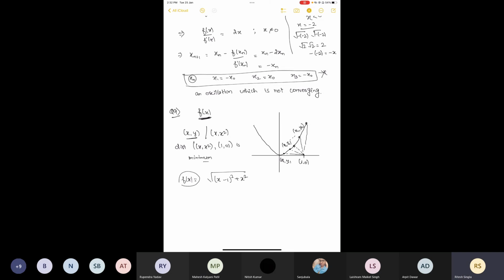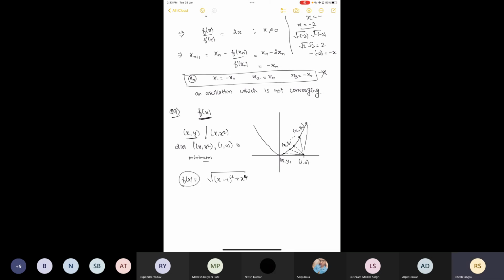But can you guarantee that this function will help me? Reread the question again. This is fine, this is the distance between the point x comma x square and 1 comma 0, right? That is perfectly fine. But what will it give me?